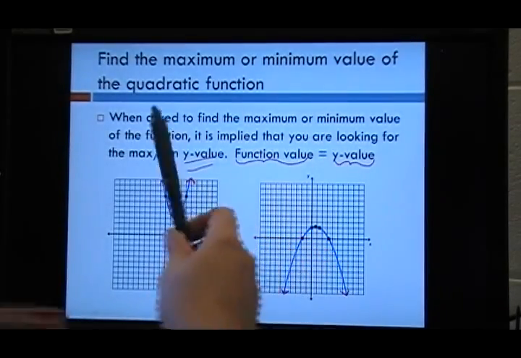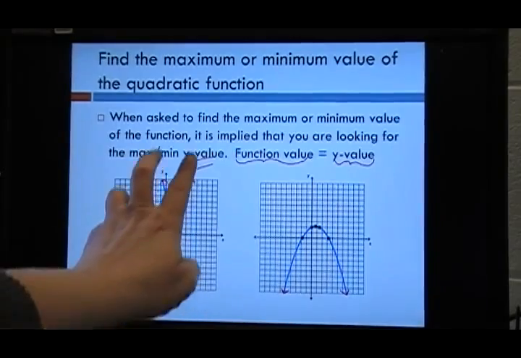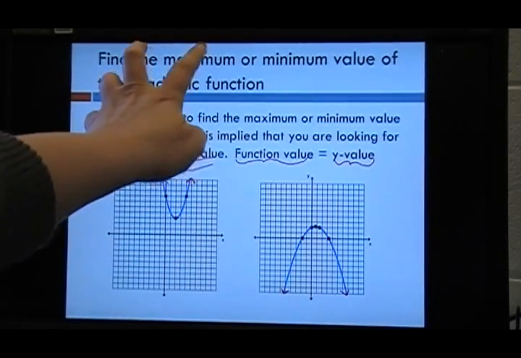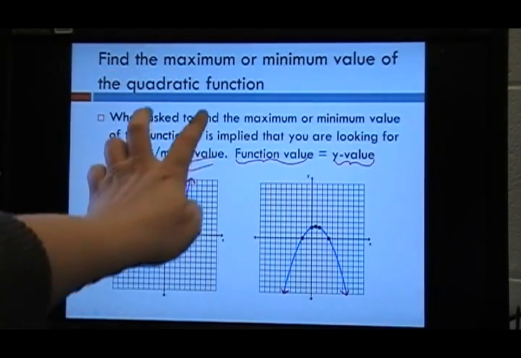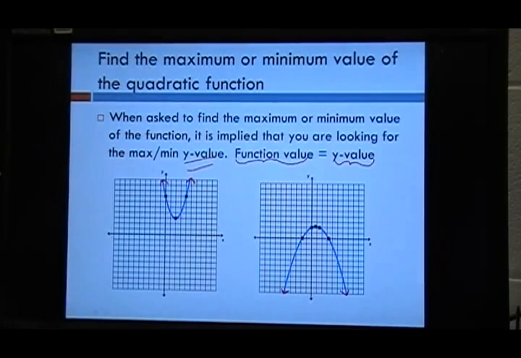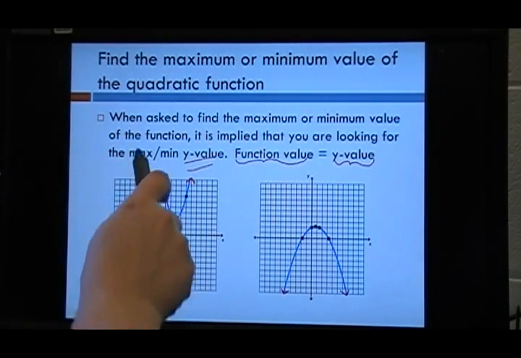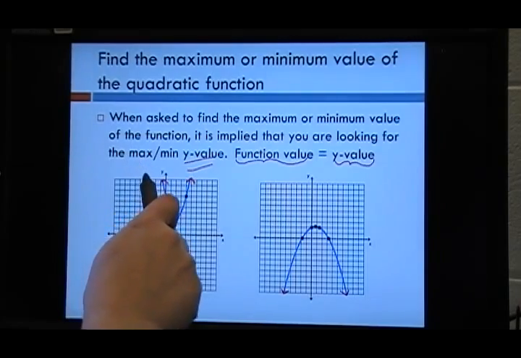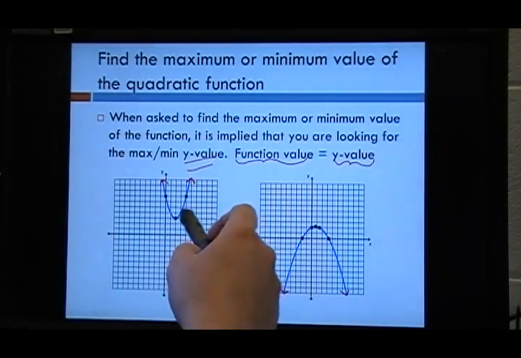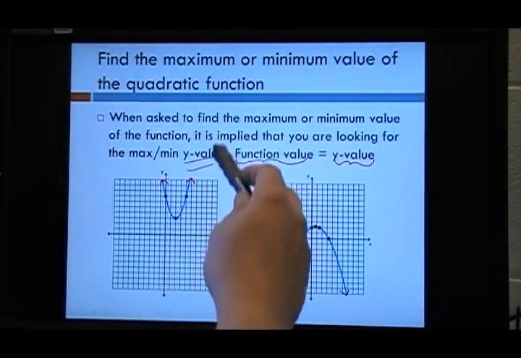When you look at this, it just keeps going up forever and ever. Because we don't have a highest point, we can't have a maximum y value. There is no highest y value because there's always one higher.